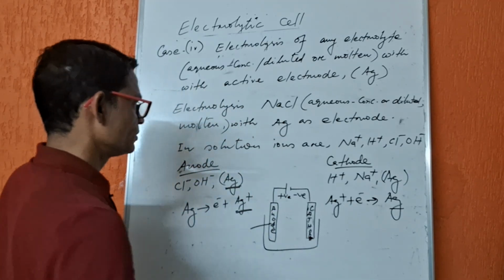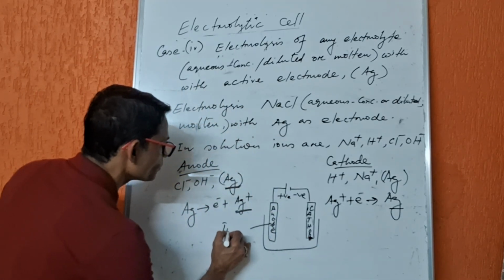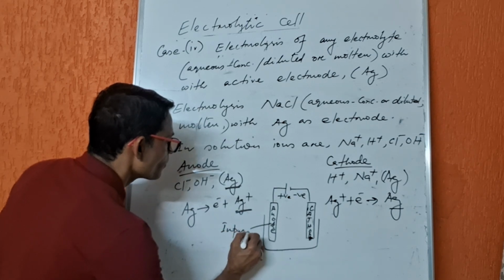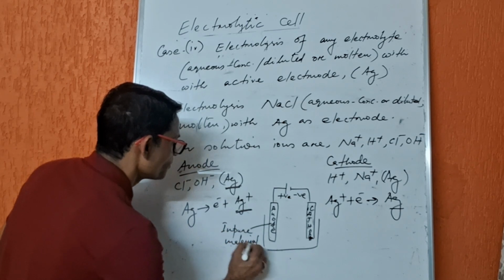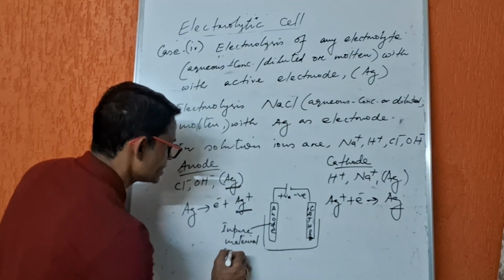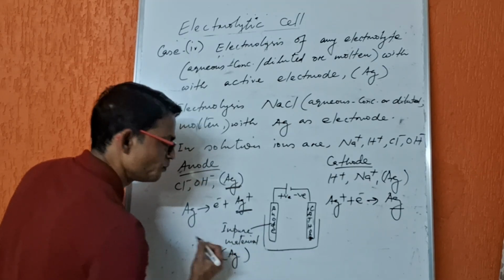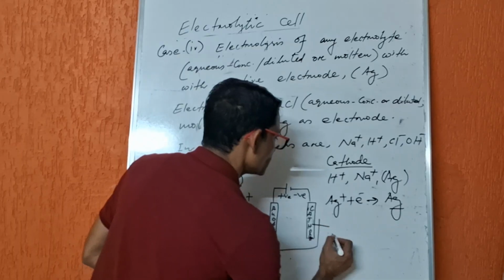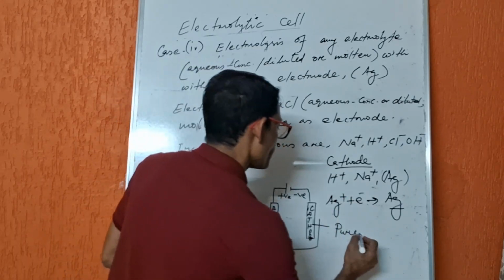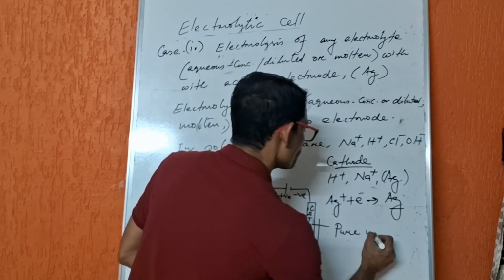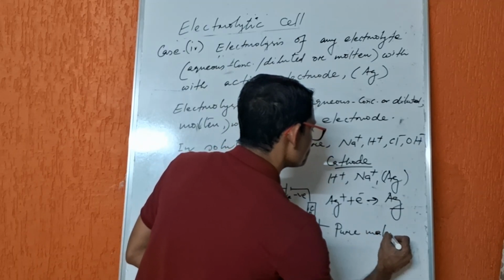At the anode there is impure material, maybe silver in impure form, and at the cathode the pure material.